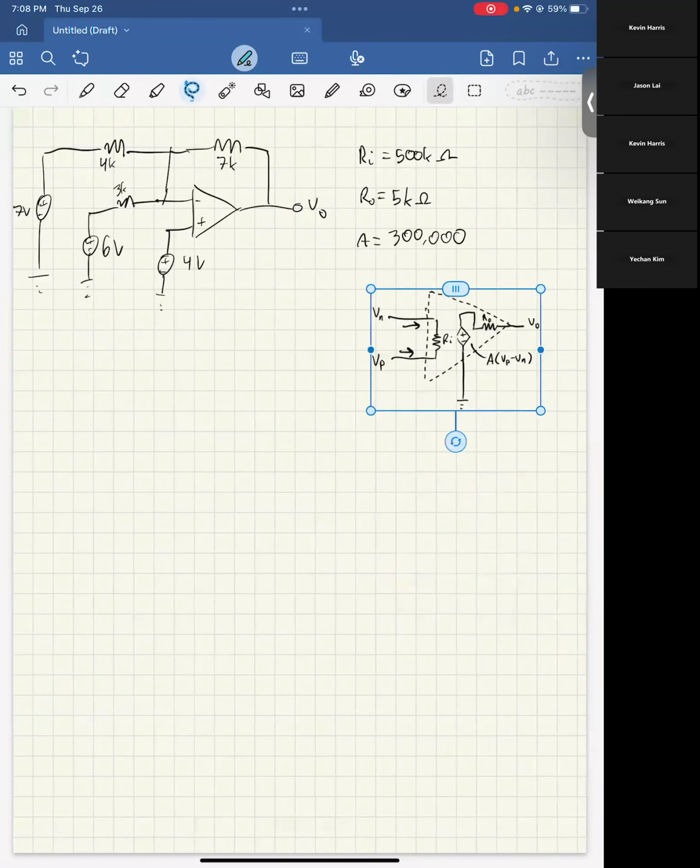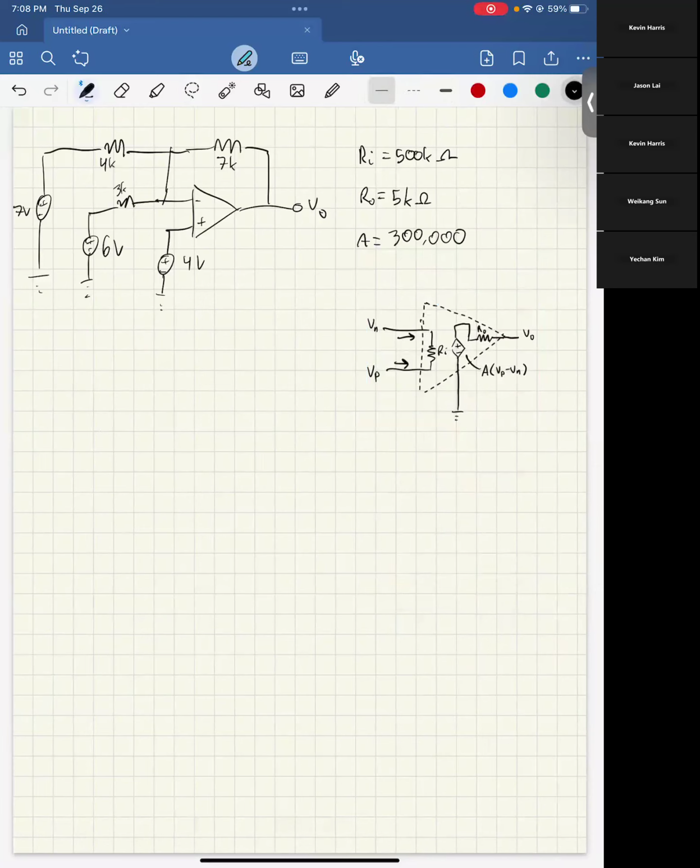The key thing to remember here is that all of these grounds are connected to each other. It's a common point. They just do that to make it easier to draw the circuit. So here, what we end up getting is a very long bottom part.